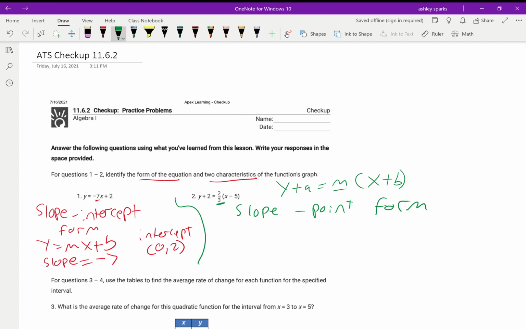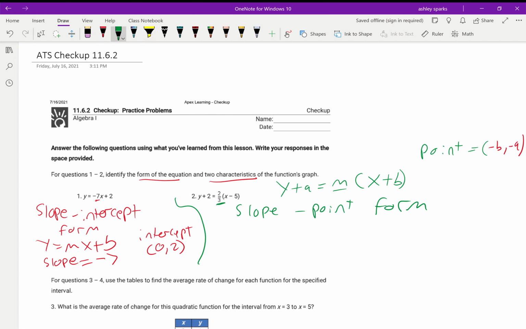So this is my slope, and my point here would be -b, -a. So we're going to want to change the signs of what we see.